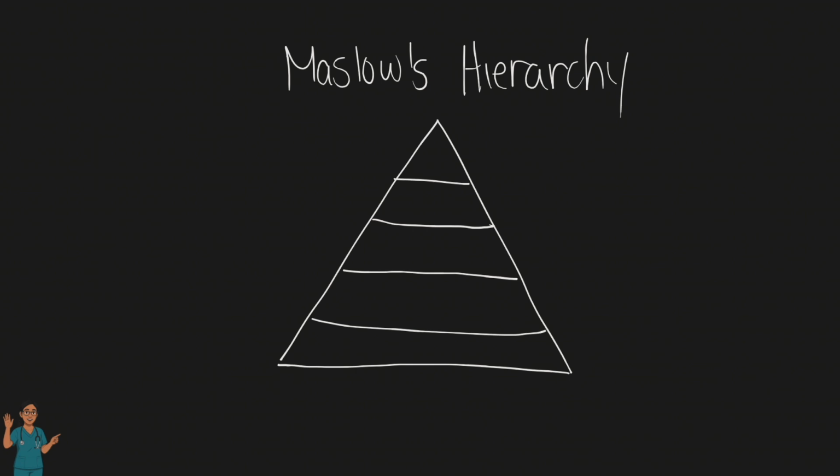Next, we use Maslow's hierarchy of needs. Think of a pyramid. At the base are our physiological needs like air, water, food, and pain management. Above that, we have safety needs, such as having a stable environment, knowing what's coming next.